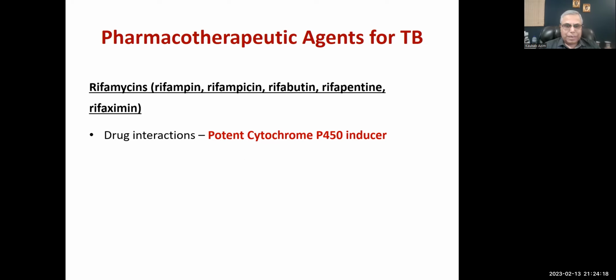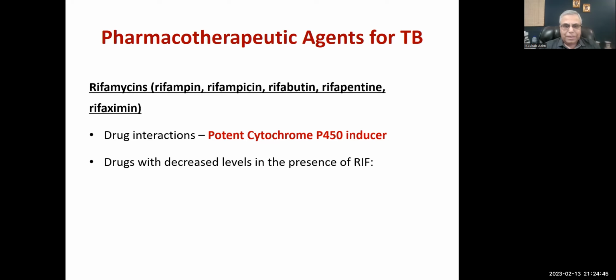So what I'm trying to say is, if the woman is taking oral contraceptives and she's taking rifampin as well, it could result in the failure of these drugs. We call that contraceptive failure, right?